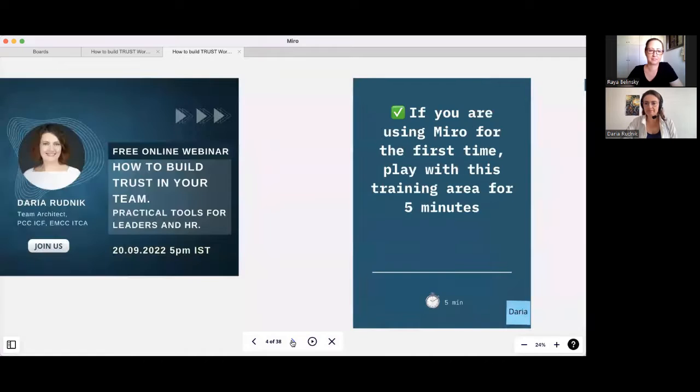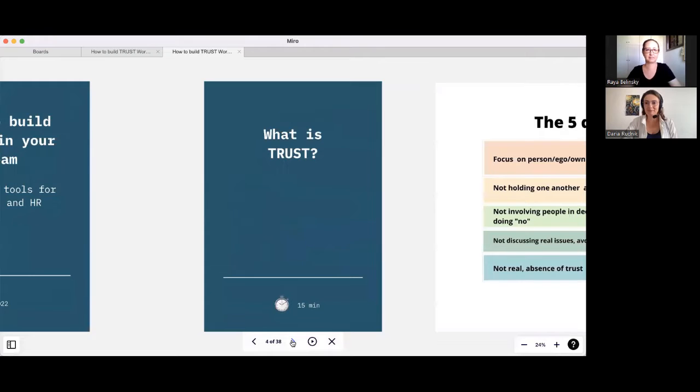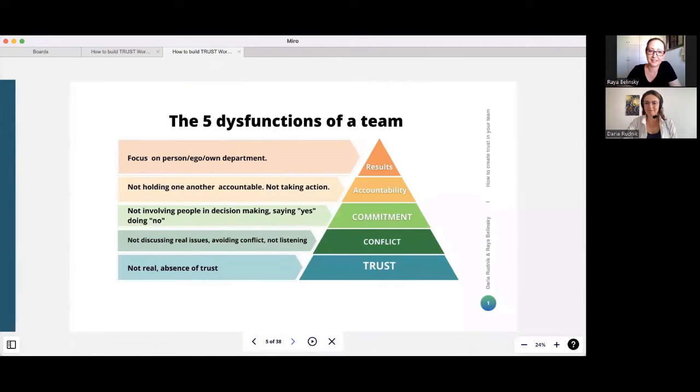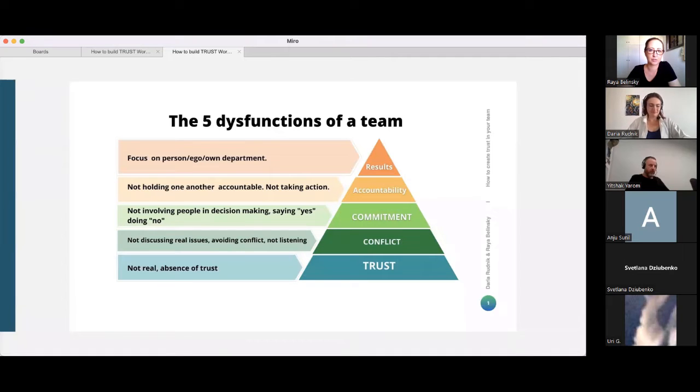Yeah, perfect. So what is trust? I think everyone has their own meaning of this word, with expectations from home, from culture, from the company, from a lot of sources.